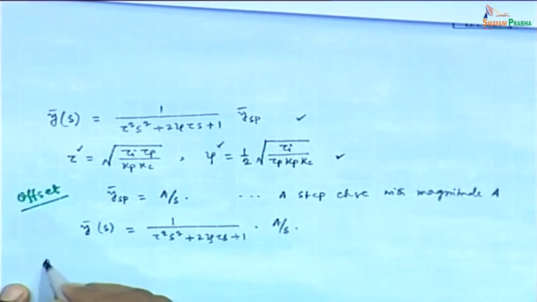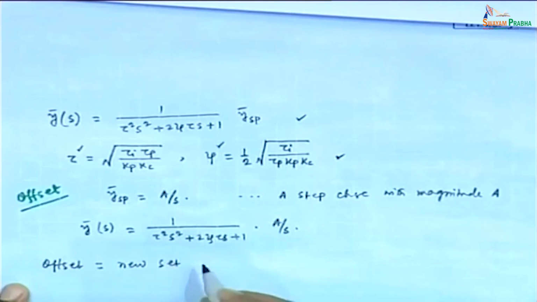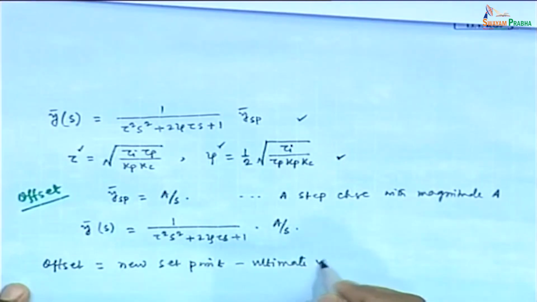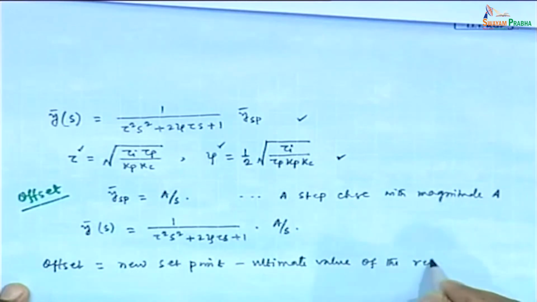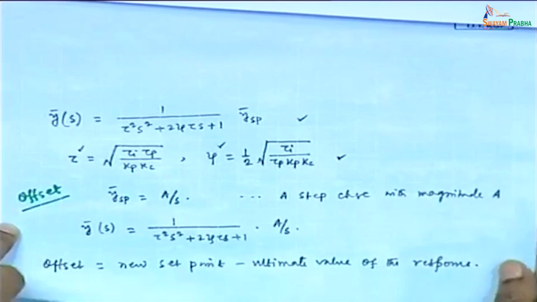Then offset is equal to new set point minus ultimate value of the response. We know this correlation, offset equals new set point minus ultimate value of the response.